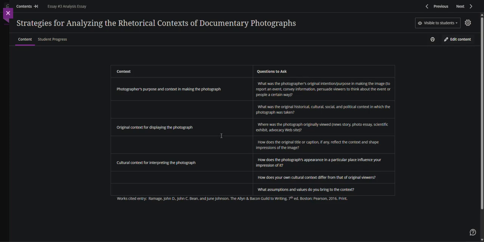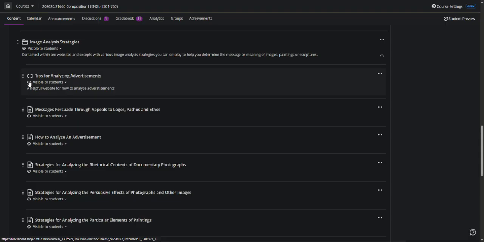Where was it originally viewed? Was it in a magazine? Was it on a website? Where was it? And the cultural context for interpreting the photograph. How does the photograph appear at a particular place and influence your impression of it? So again, more things to think about when you're trying to figure out what the message of an image is.